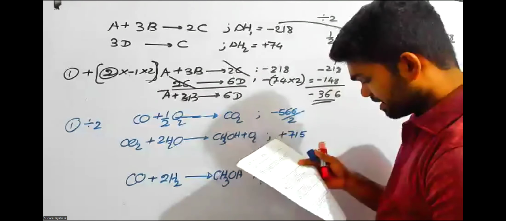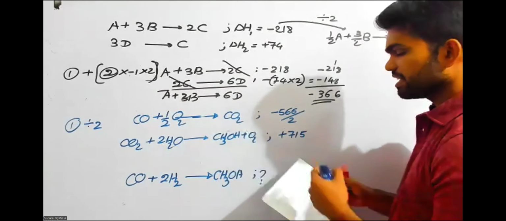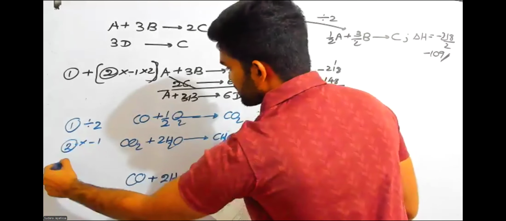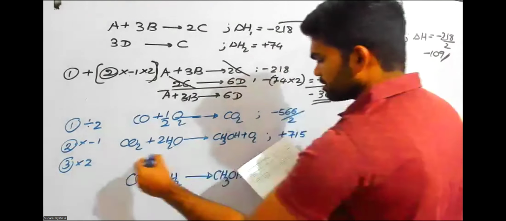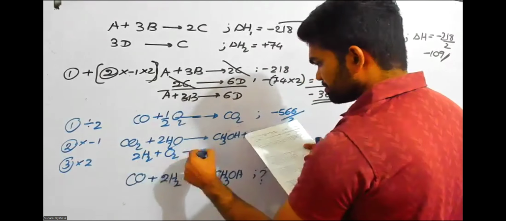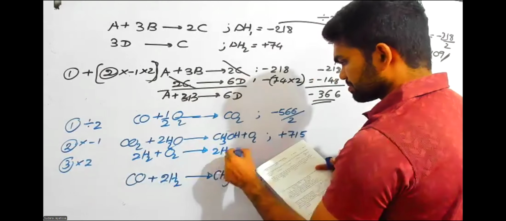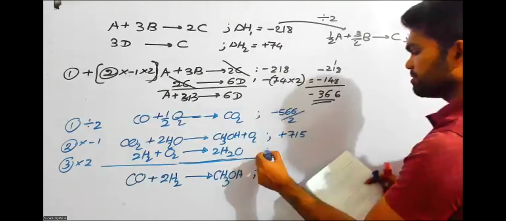And finally, we have to think about the hydrogen. Here you have 2 hydrogen, but in the equation you have only 1 hydrogen. So the third equation you need to multiply by 2. So it will become 2H2 and O2 goes to 2H2O. Okay, so now let's add these 3 equations, the ones that we modified.